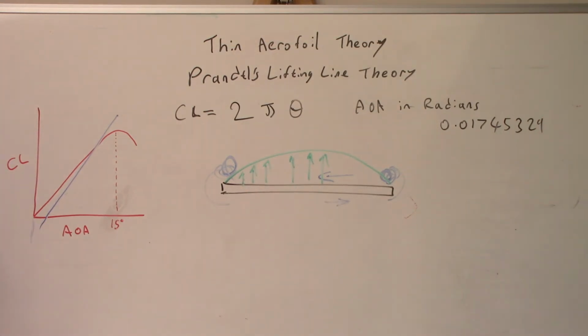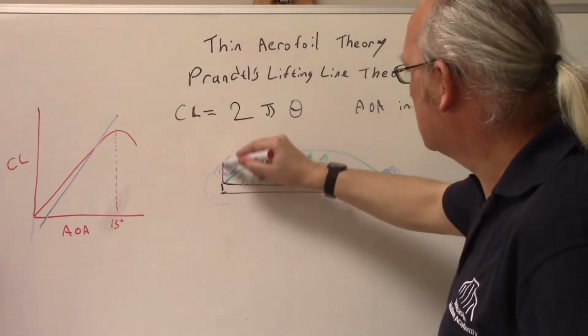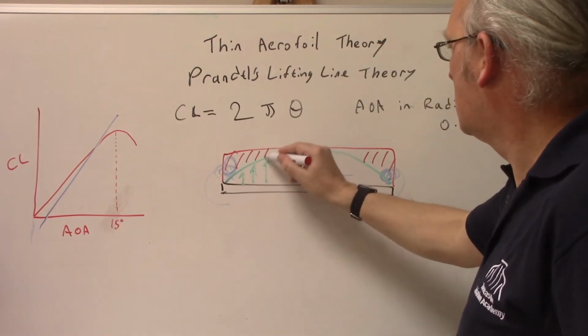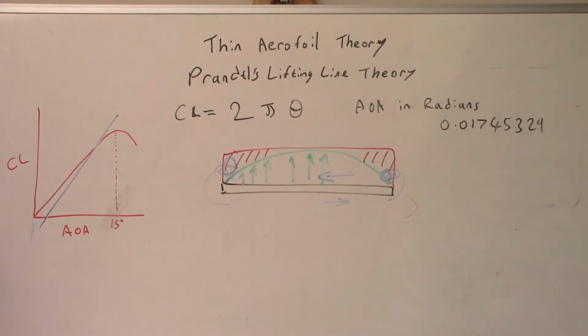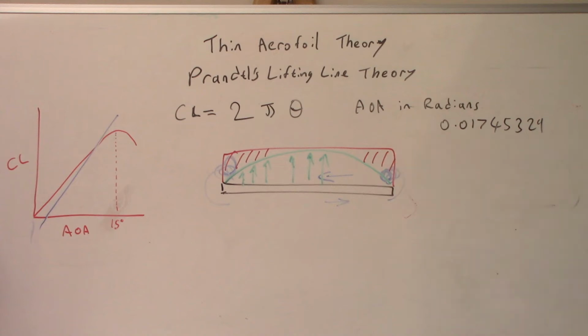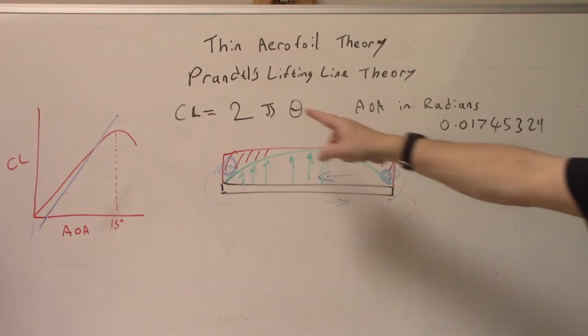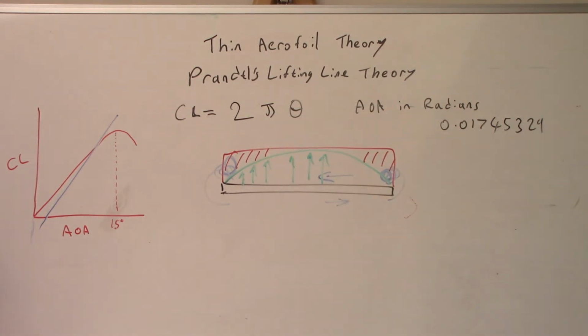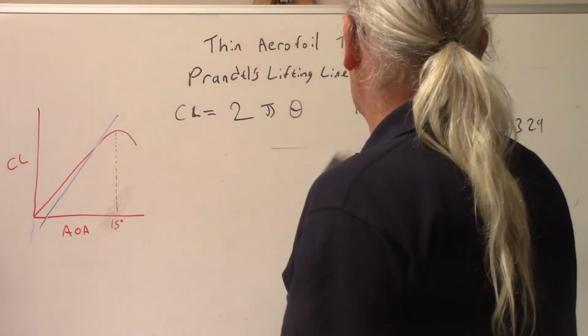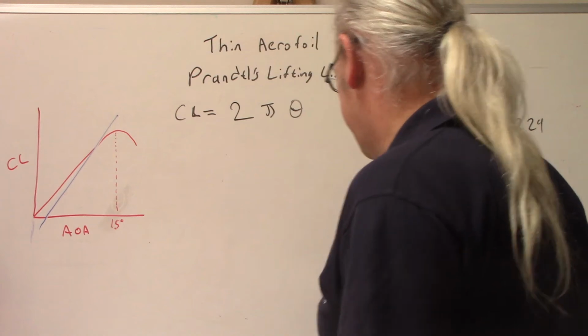Now, that means if we use thin aerofoil data, you can see that shaded area there, that's lift that we haven't got. That lift doesn't exist, there's not as much lift at the wing tips. So we need a theory which is going to incorporate some of the lost lift at the wings due to induced drag, or lost lift due to vortices.